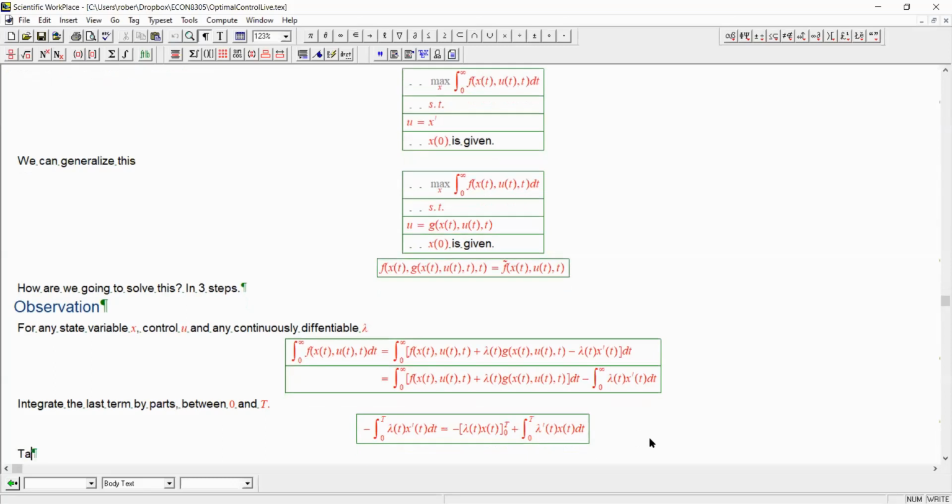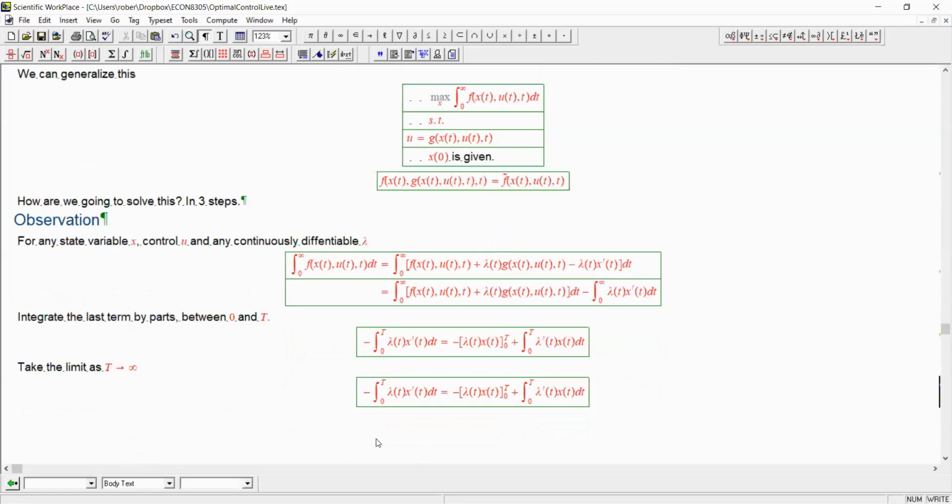Now let's take the limits as t goes to infinity. Again, this step is not necessary if we have finite bounds. And what are we going to get? This just goes to infinity. This, of course, can be written out.